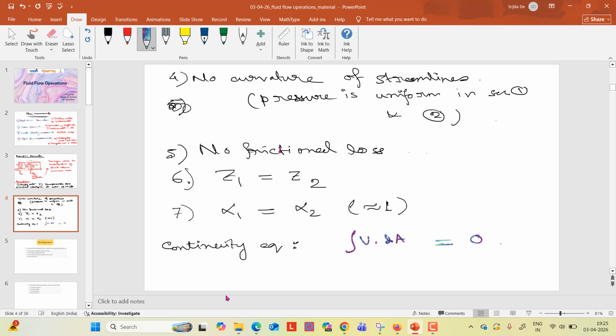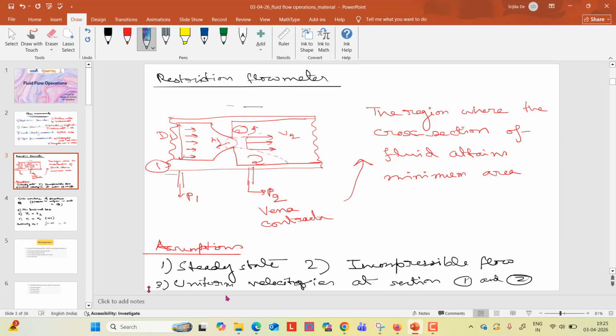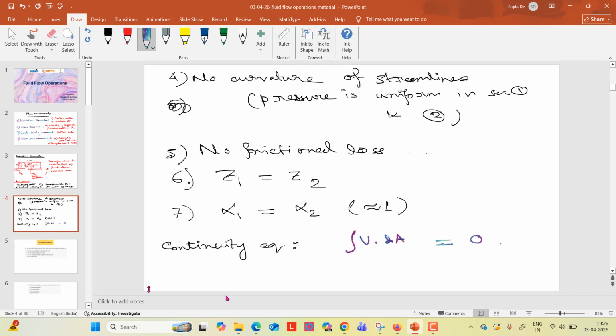We always consider going out of the system as the positive sign, right? So in case of section 1, the flow is coming inside, so here we will be taking a minus. So it is minus V1A1 plus V2A2, because from this vena contracta region fluid is going outside, equals 0.